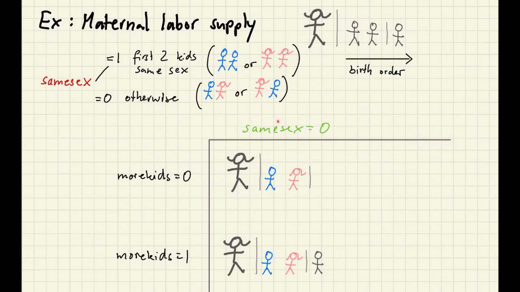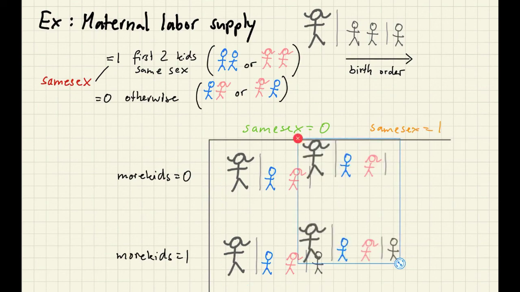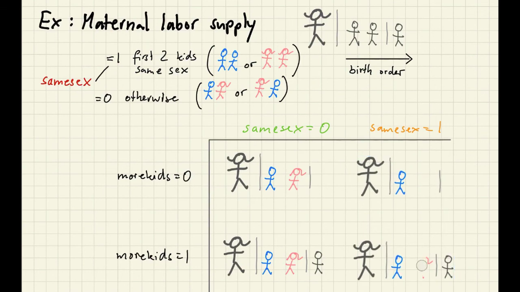To have same sex equal 0 and more kids equal 1, for example, we can have first a boy, then a girl, and then a third child, and the sex of this third child does not matter. We have same sex equal to 1 for example if the first 2 children are boys.